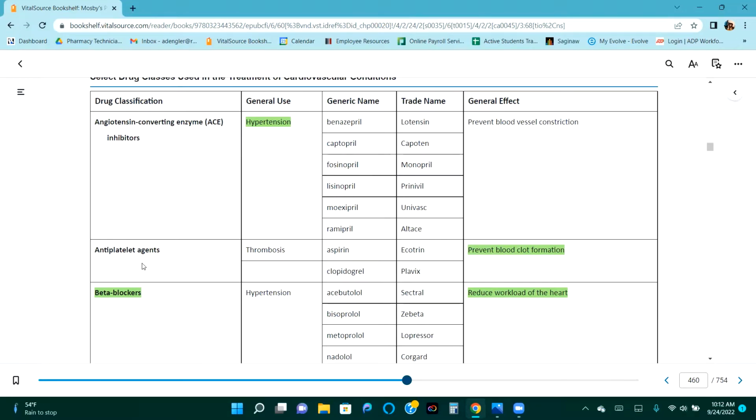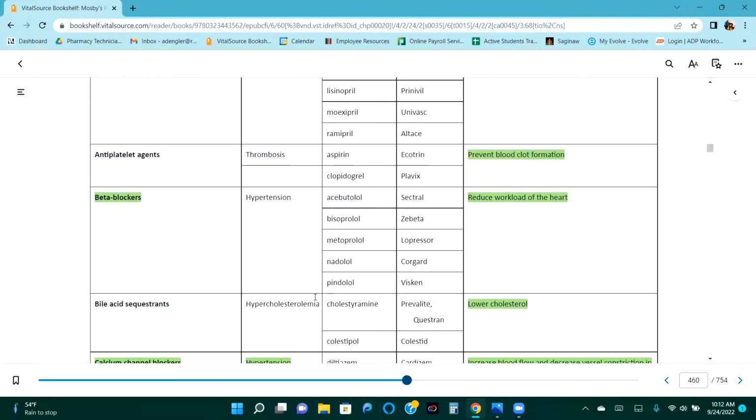Antiplatelet agents are used for thrombosis. They prevent blood clot formation, such as aspirin, clopidogrel, Ecotrin, which is aspirin. Beta blockers, if you look at all of these, they all have an LOL ending or OLOL ending.